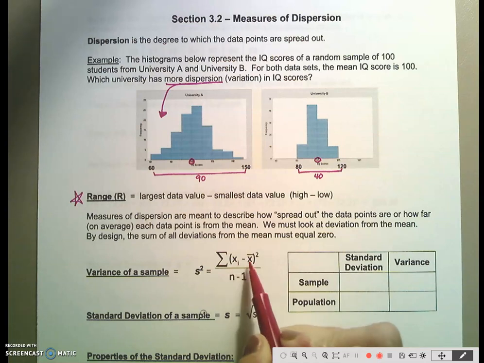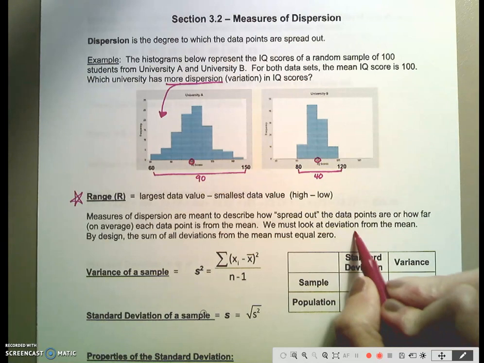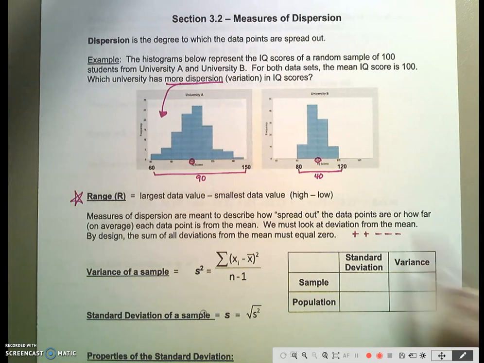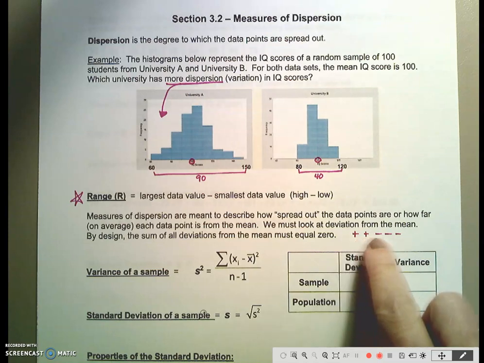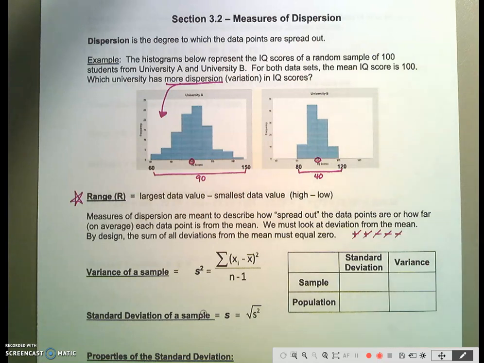If your data point is smaller than the mean, then when you subtract, this number will be negative. So you're going to get some that are positive and you're going to get some that are negative. And the way that this works mathematically by design, it always works out that if you take all these positive ones and add them to the negative ones, it all cancels out and will equal 0.